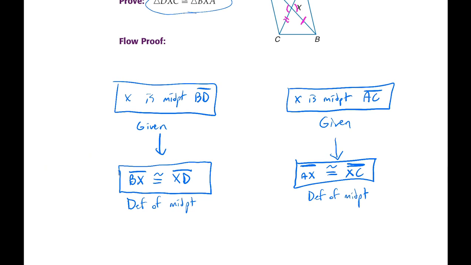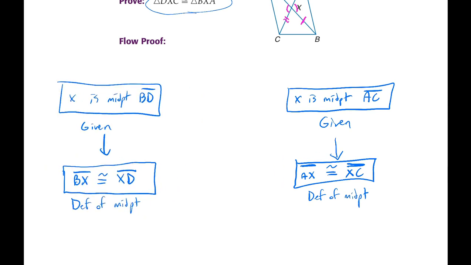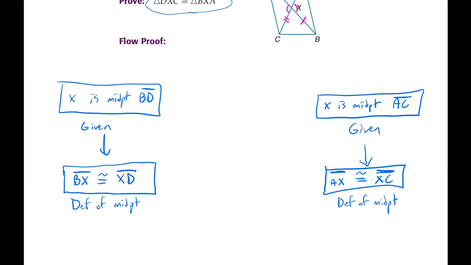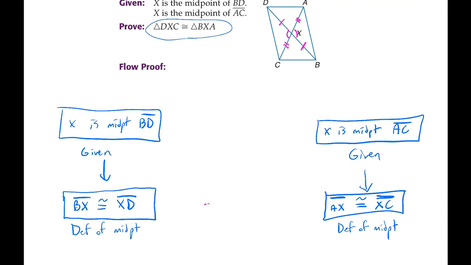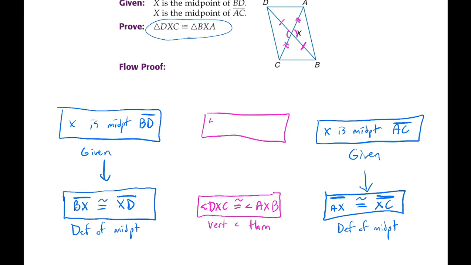So what I'm going to do is take this and slide it over, and take this and slide it over, and right in the middle, I'm going to say angle DXC is congruent to angle AXB, and that's by the vertical angle theorem. Now, if you wanted to be really clear, you could say angle DXC and angle AXB are vertical angles.